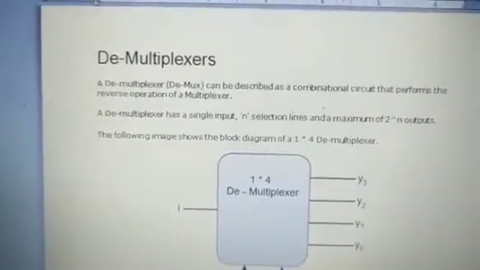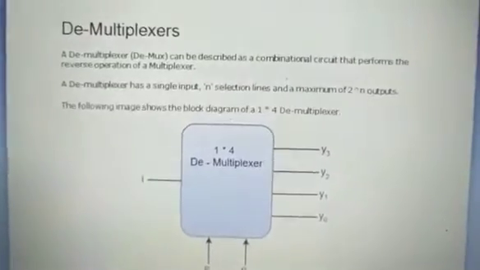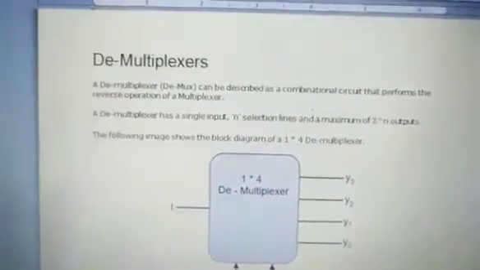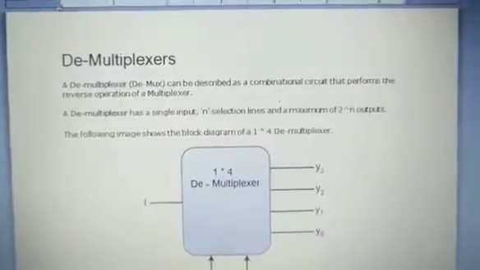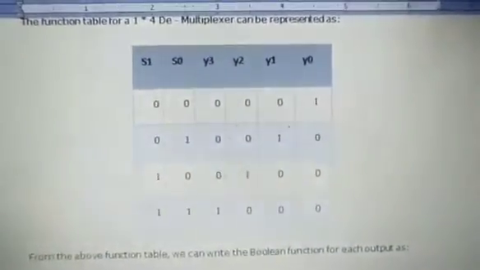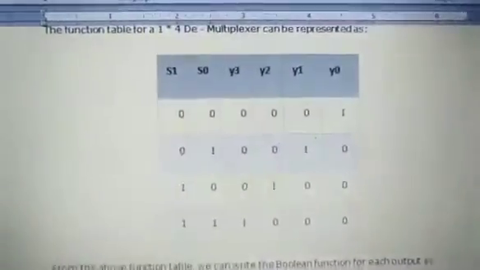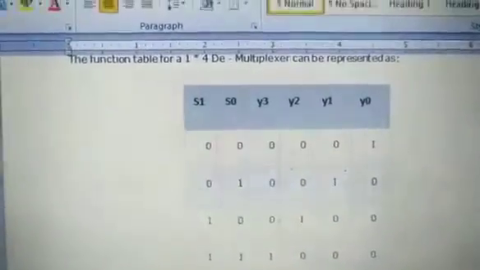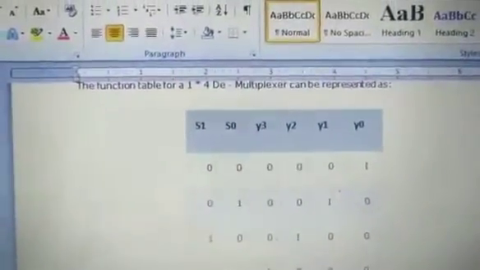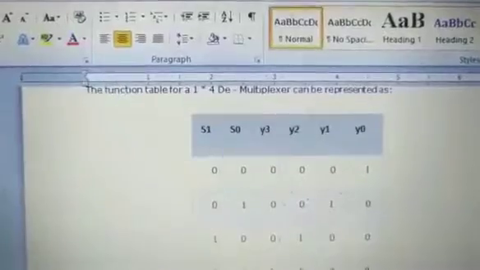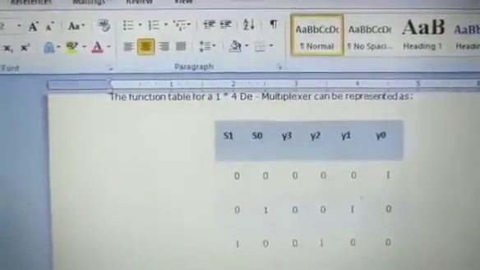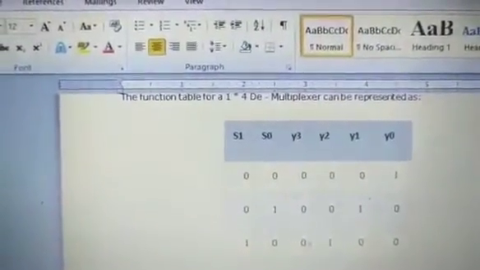From the truth table we need to identify how we can implement the logic circuit diagram. Here I is the one input, S0 and S1 are the select lines, and the outputs are Y0, Y1, Y2 and Y3. The data input I is connected to Y0 when S1 is 0 and S0 is also 0.